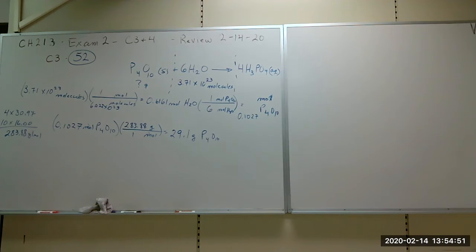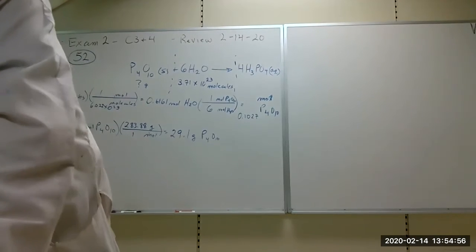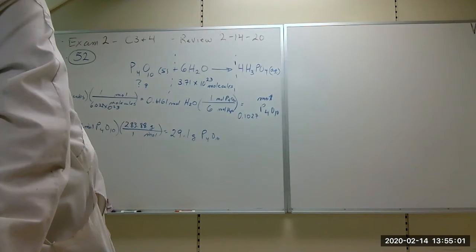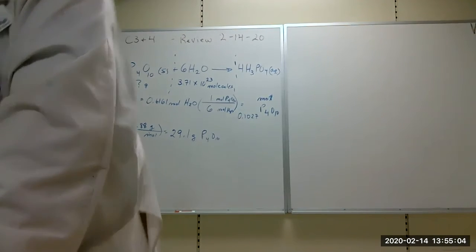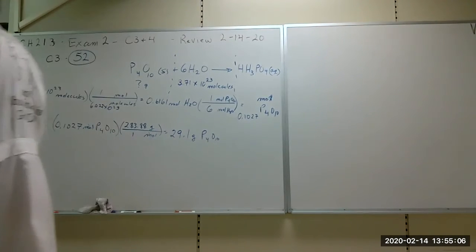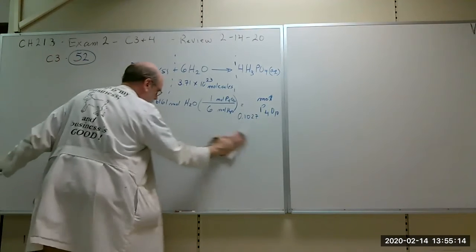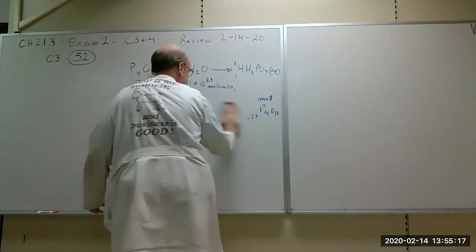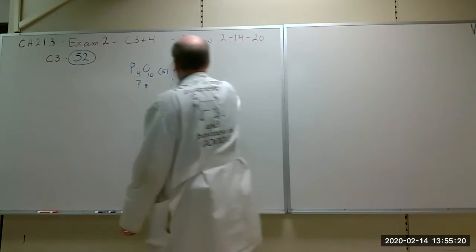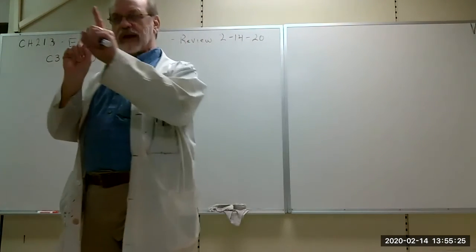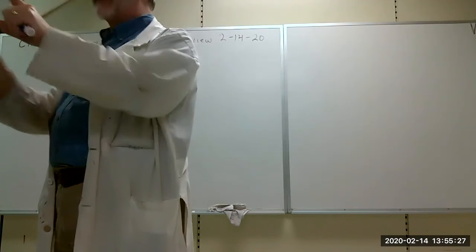Just for an example, number 54, it's the same kind of problem, but it gives you mass instead of molecules. That one's a little more complicated, we better do that one. Similar concept, yes, but this one adds what? Whenever you see a stoichiometric problem where absolute amounts of 2 reactants are given, one of them is going to be limiting.